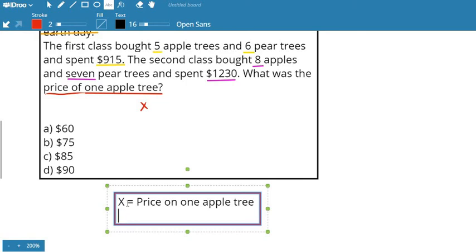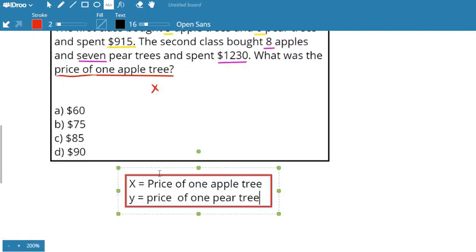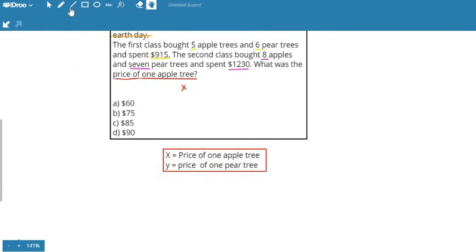So I must have a y, which is equal to the price of one pear tree. So there are two unknown quantities, but we are interested in the first one. So what will be the mathematical expressions?